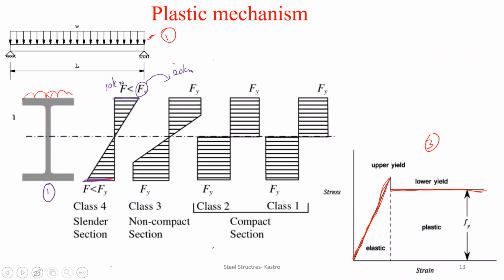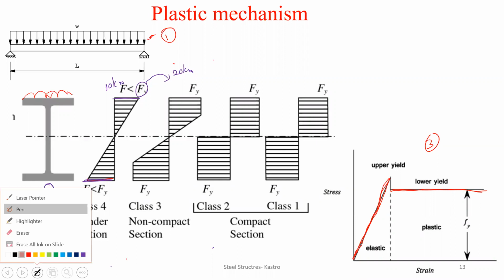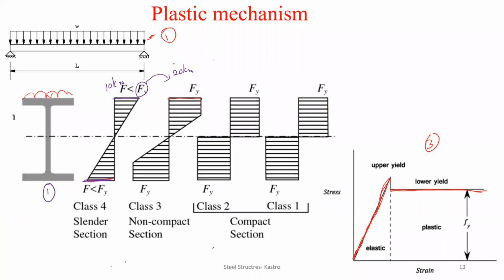Up to a certain extent, you are finding a rectangular portion in the member. After that, you are finding a linear portion. Now, the question is why this rectangular portion is forming on the compression zone and along the tension zone.